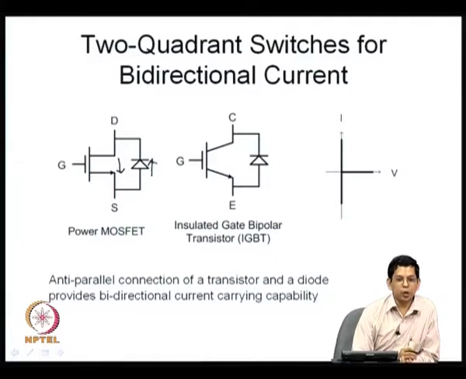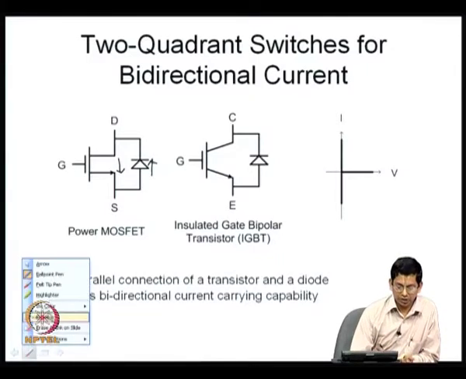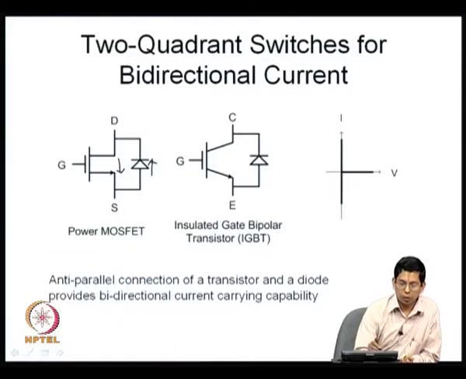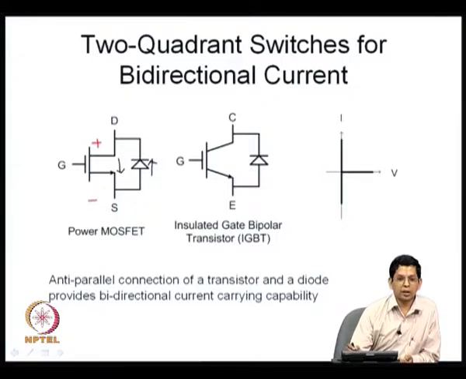But how about voltage blocking? It can block voltages of one particular polarity. This is how it would typically be connected; it will be blocking voltage of this polarity when it is off. So, it is capable of blocking voltage of one particular polarity, but can conduct in both directions. So, this is a two quadrant switch capable of bidirectional current.